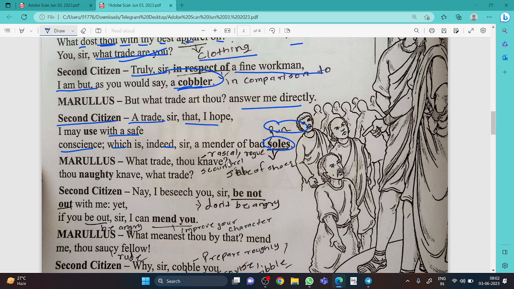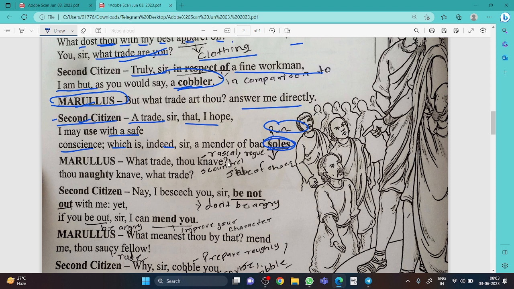Actually, the second citizen knew about the nature of Marulus, that he is a bad person. He is jealous of Julius Caesar's growing influence and power. Means beta, very shrewdly using a pun, the second citizen said, with full conscience, with full alertness of mind, I can say that I am a mender of bad souls.